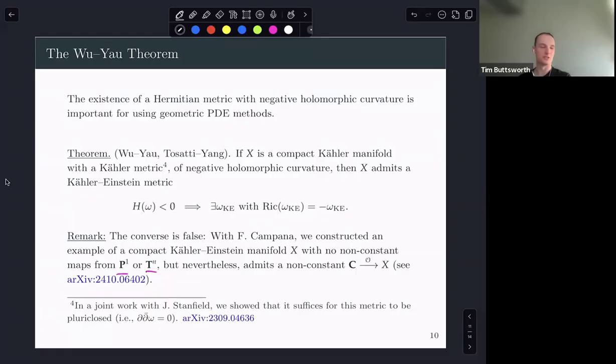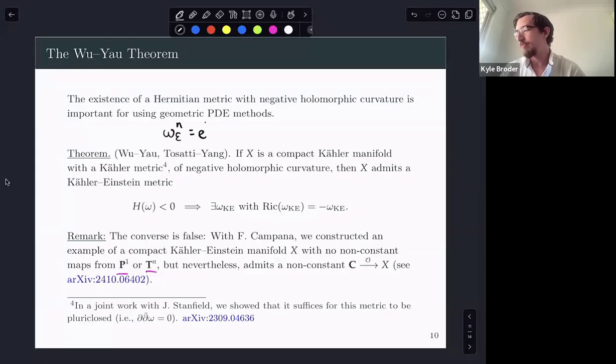Typically, you always need a good starting point. You typically will get some family of metrics omega epsilon, and then you have some Monge-Ampère equation like this. Here these omega epsilons are something like epsilon plus epsilon 0 times a fixed metric, minus Ricci of omega 0, plus a potential that will depend on epsilon too.